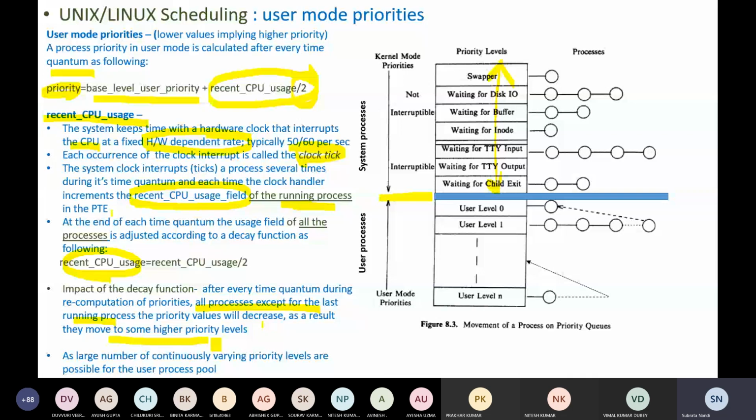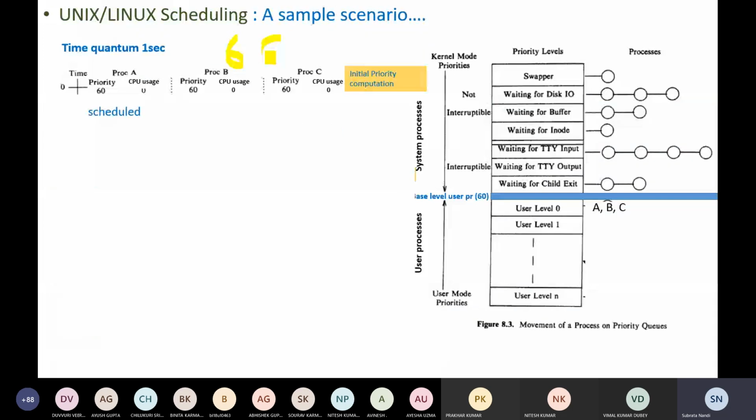The process which was running will also be divided by 2, but it has recently used the CPU, so it will have a value higher than the remaining ones. We'll see that in an example shortly. So let us see this case. This is a time quantum of 1 second, say for example, and there are 60 ticks per time quantum in the system.